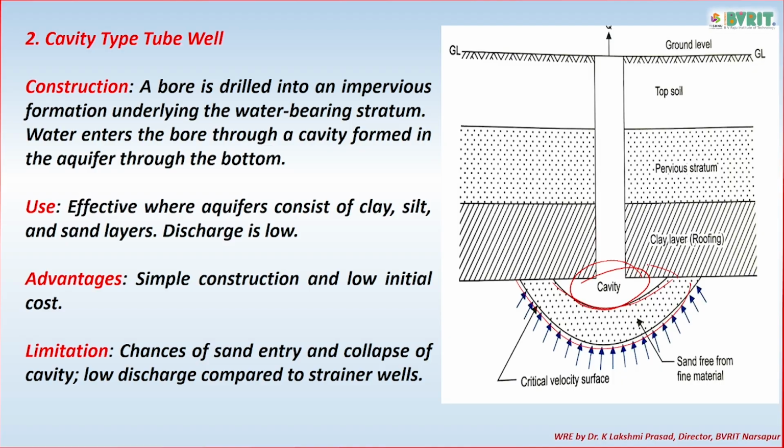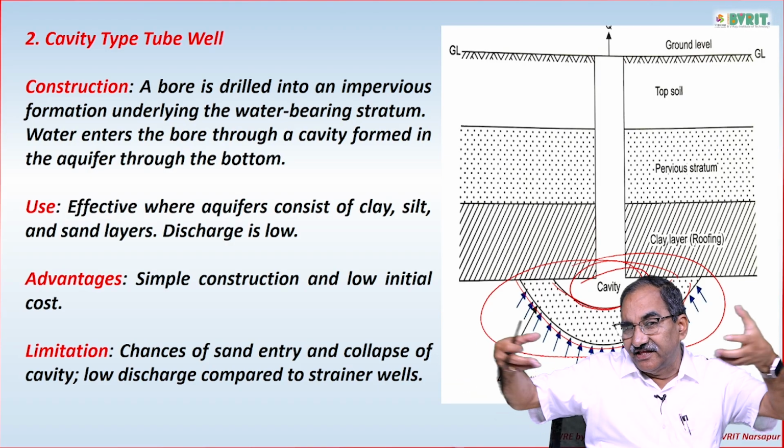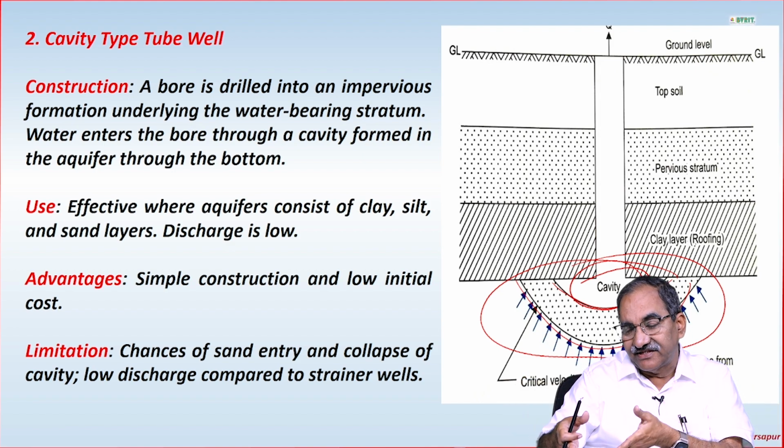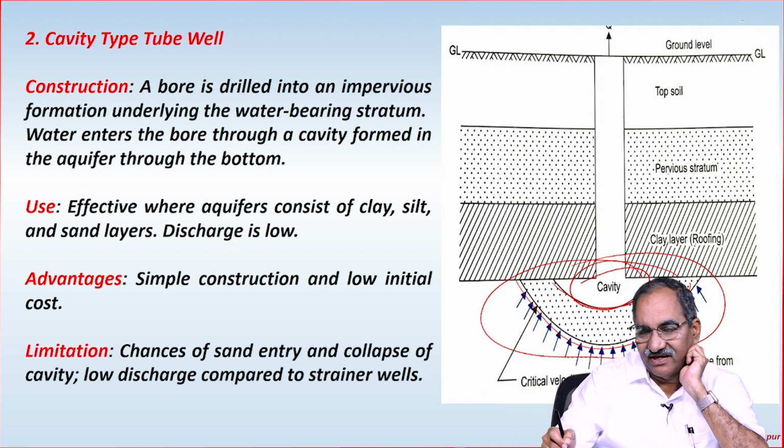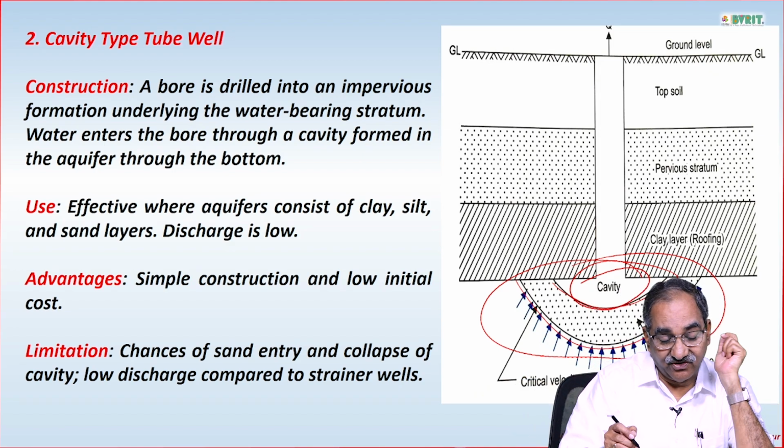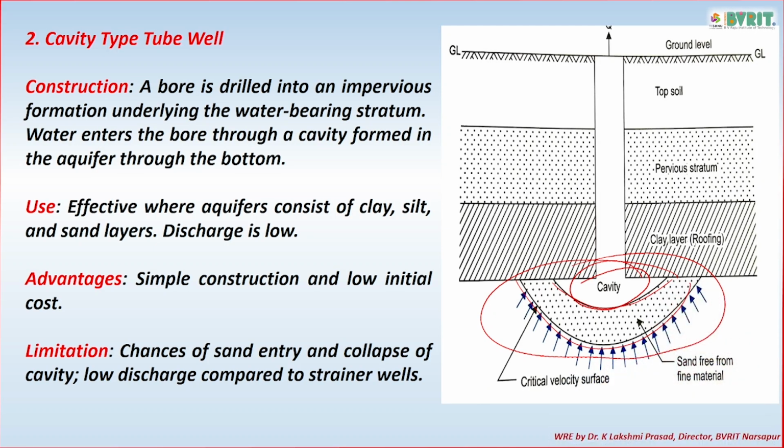Here this is the portion of the cavity. Because of that, when you pump, it draws water from the bottom. Remember, the strainer pipe type well draws water radially, whereas this draws water from the bottom. You should remember that.